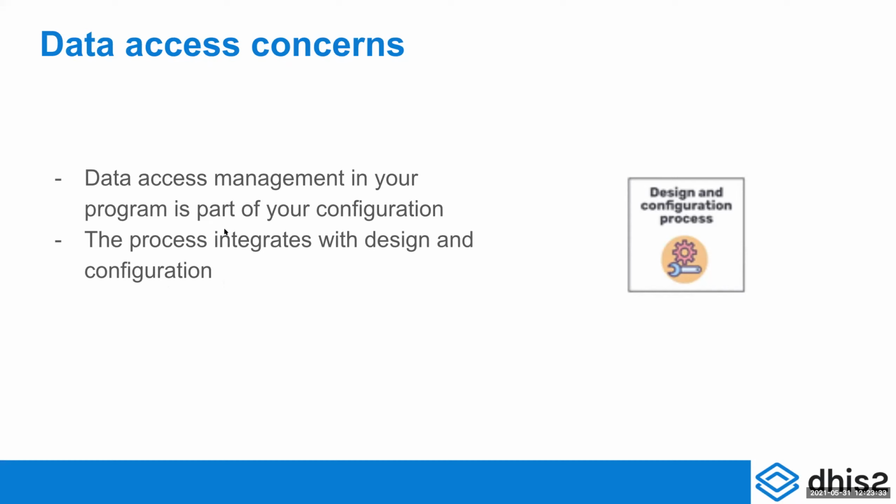Therefore you need to think about it in the beginning. You can't do it after you have put the data and after you have put your system into production. You have to have a plan for your different users and what they should have access to from the beginning, and this has to be part of the design.